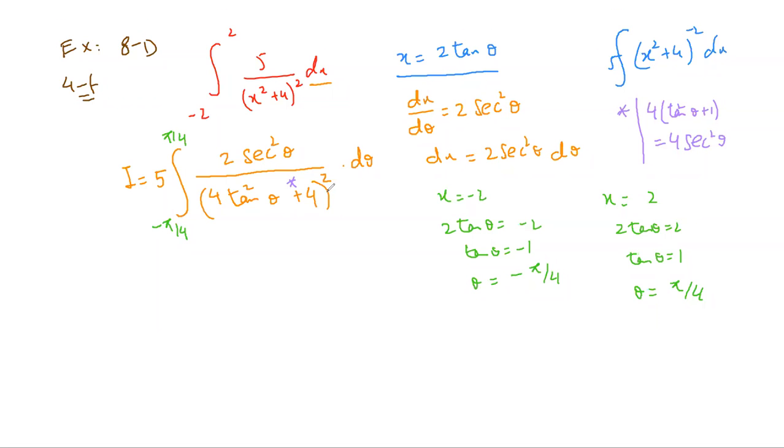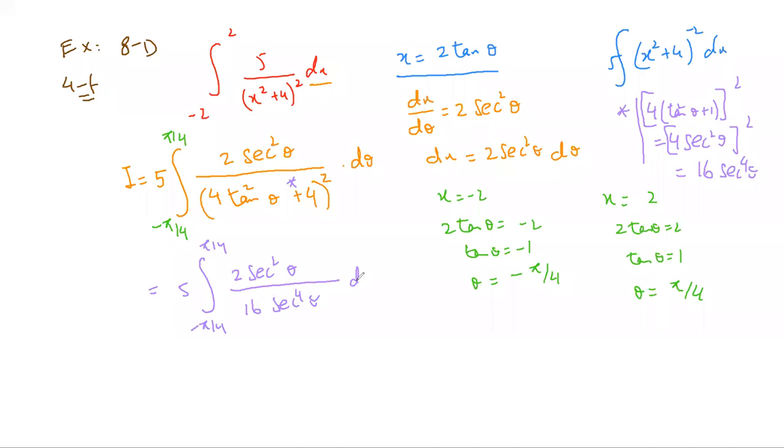And then there's a square on it, so when you square all of this, it becomes 16 secant to the power 4 theta. So in the next step, I will write it as 5, limit from minus pi by 4 to pi by 4, of 2 secant square theta divided by 16 secant raised to power 4 theta.